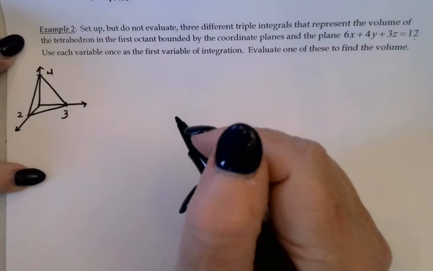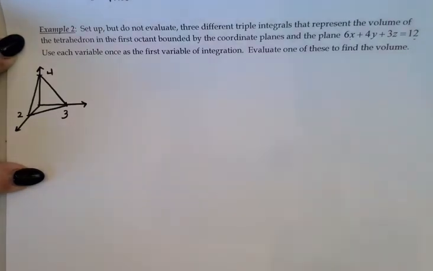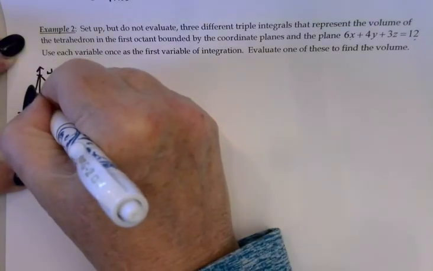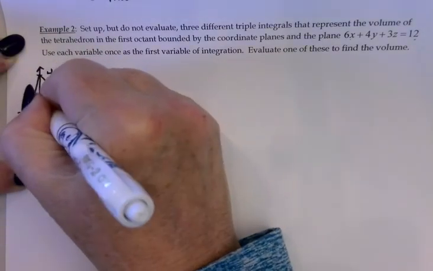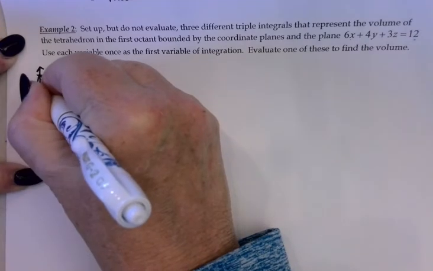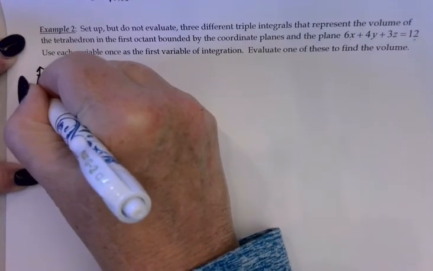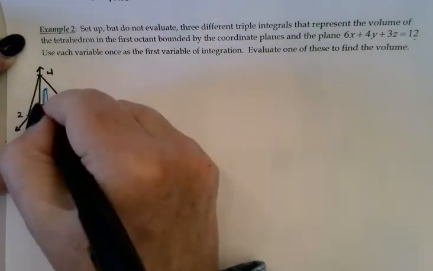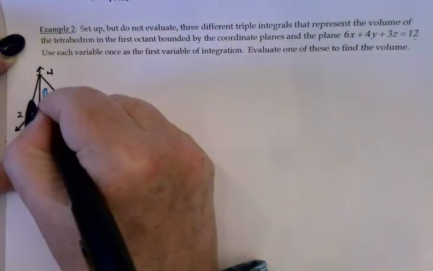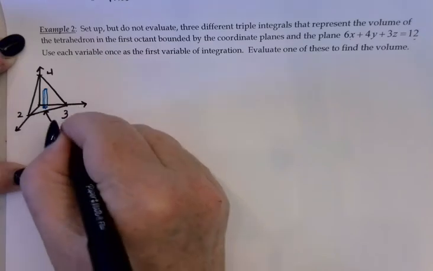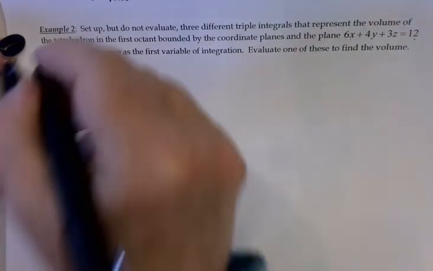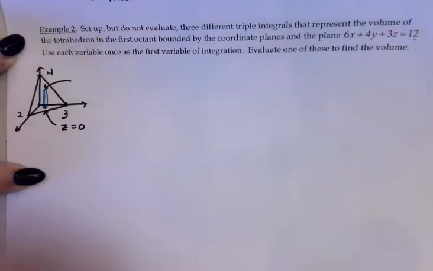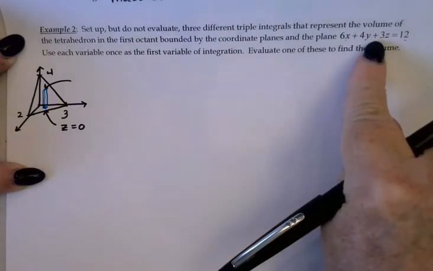I'm going to start by saying, let's do the dz first. Let's think bottom to top. If we imagine a little column, like so, the bottom of my column is in the xy plane, which would be z equals 0, and the top of my column is in this plane.